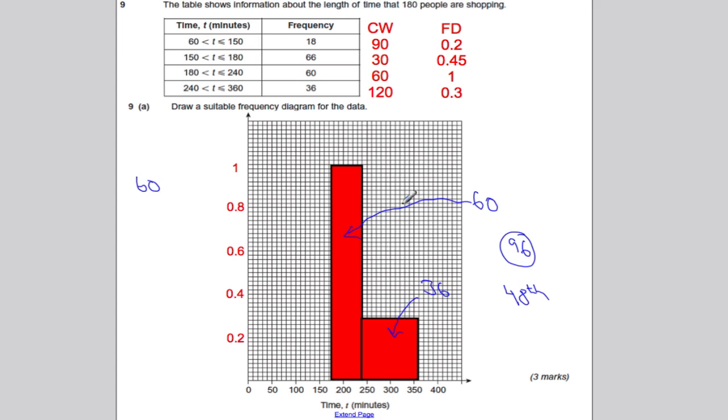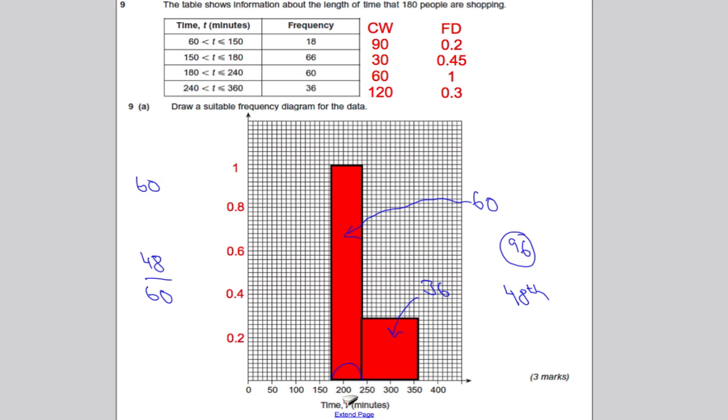So the 48th person. Now, once again, just remembering this bar here is worth 60 people. I only want 48 of it, so I need 48 out of the 60, that proportion of the class width.